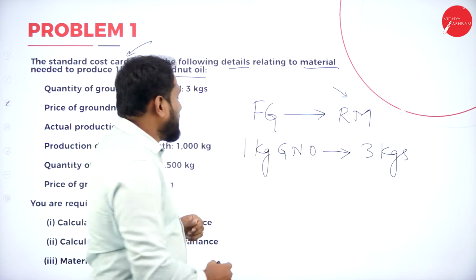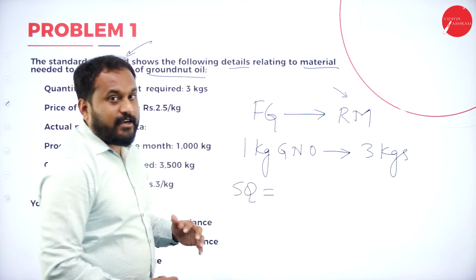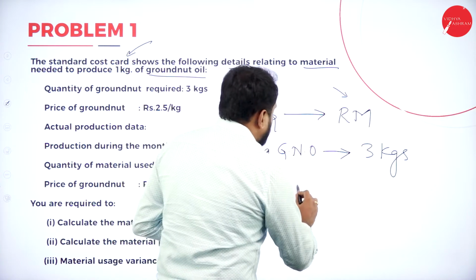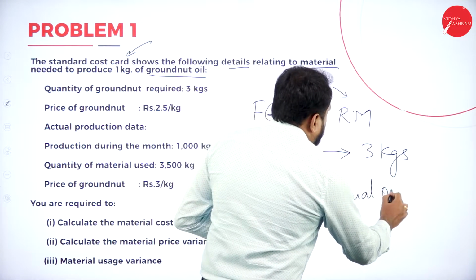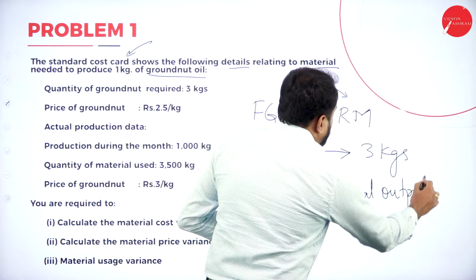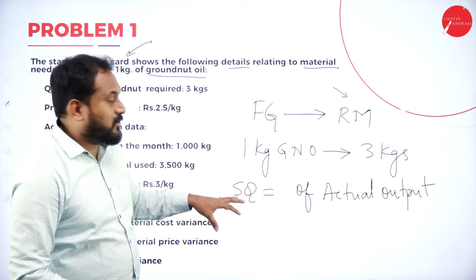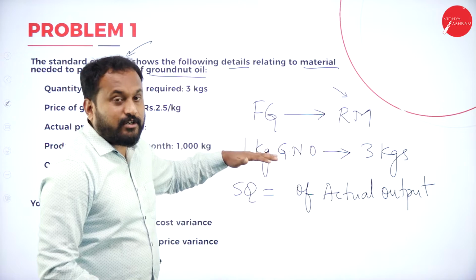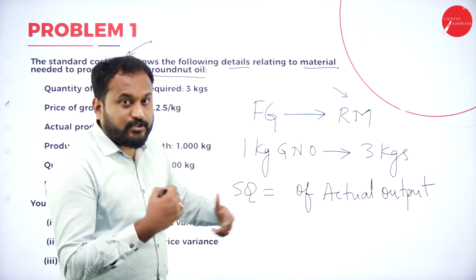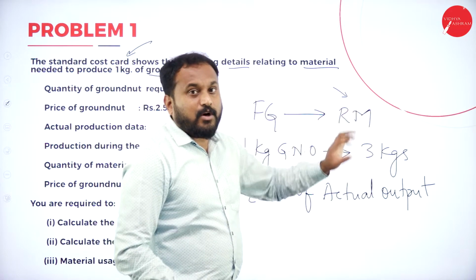Now understand, there is something called SQ. Standard quantity is equal to standard quantity of actual output. That means to produce 1 kg of groundnut oil, I am taking 3 kgs of raw material. What is the actual output?